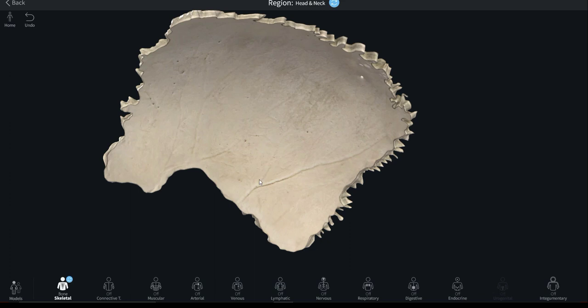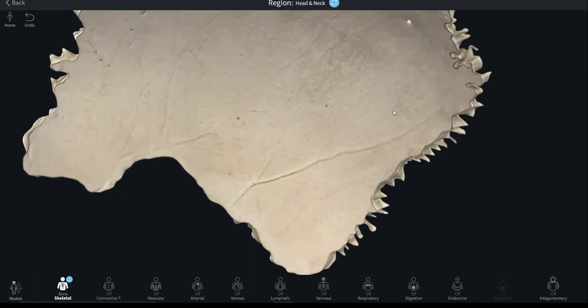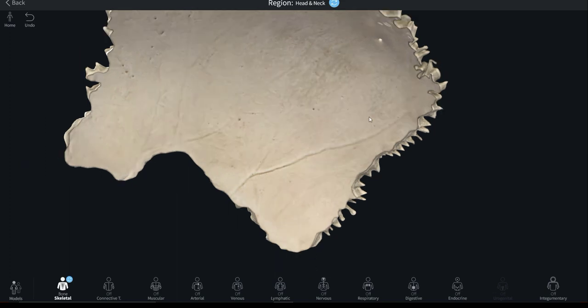See? I hope it's visible. It's quite demarcated. So these are all vascular markings. These impressions are present due to the underlying blood vessels.